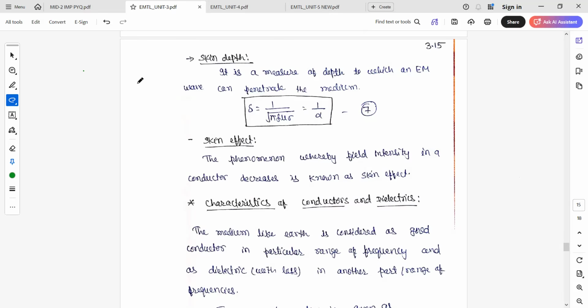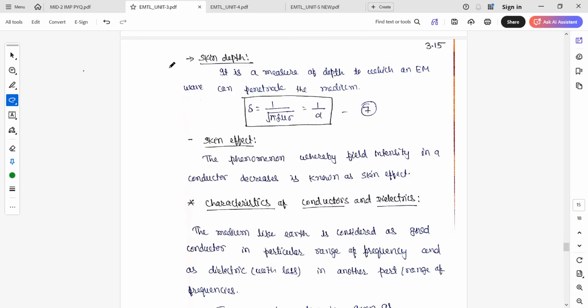So when we talk about propagation, we have the attenuation factor alpha, so the wave is going to be attenuated by e to the power minus alpha t. So finally, in this situation, the skin depth delta equals 1 by alpha, or it can also be written as 1 by root of pi f mu sigma.